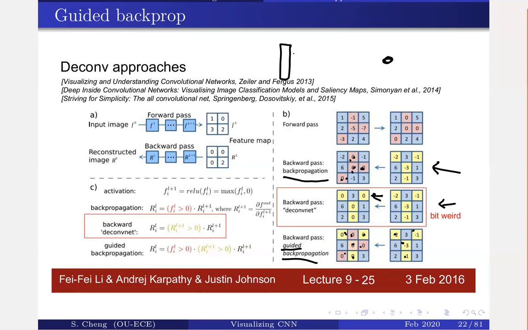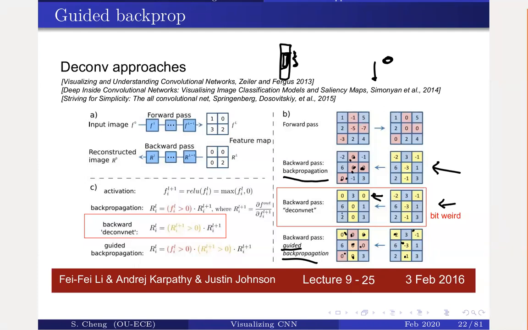If I increase the intensity of these pixels here, let's say this value increases, then of course this gets activated, right? But I may also have cases where if I increase the intensity here, the coefficient actually decreases.